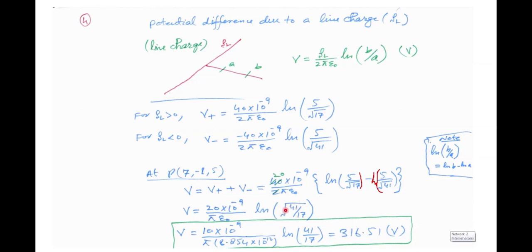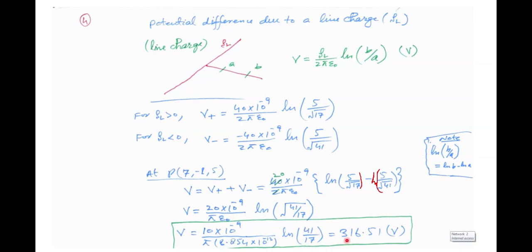Remove the square root and bring that square root value, 1 upon 2, to multiply with the magnitude of the potential, so it becomes V equal to 10 into 10 power minus 9 divided by pi into 8.854 into 10 power minus 12, which is the value of free space permittivity, ln 41 divided by 17.